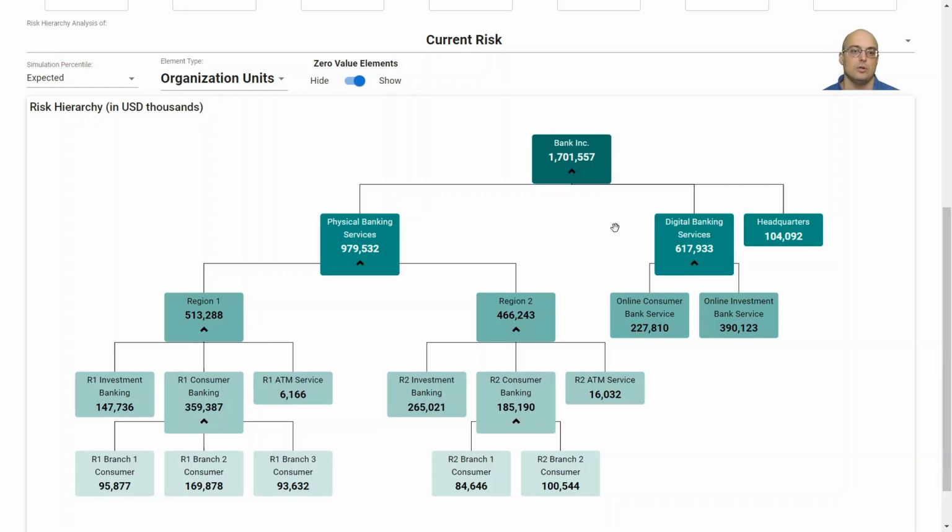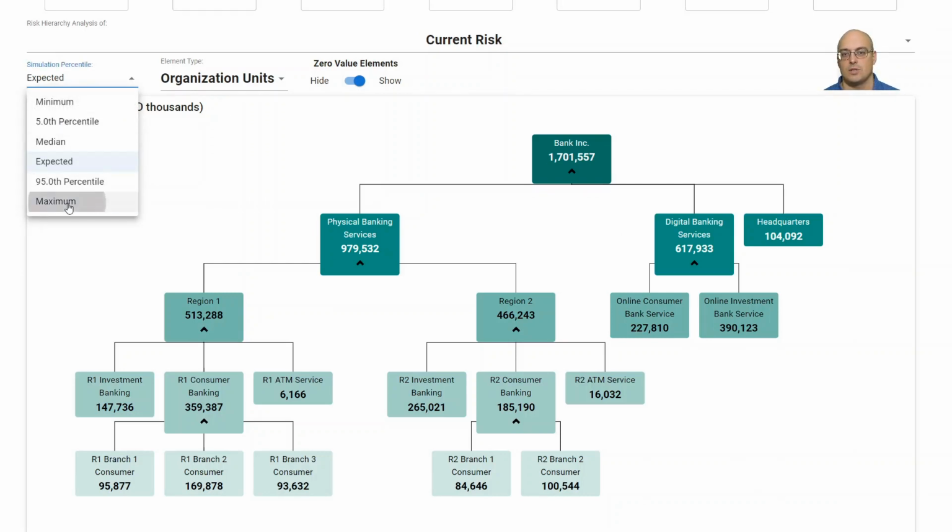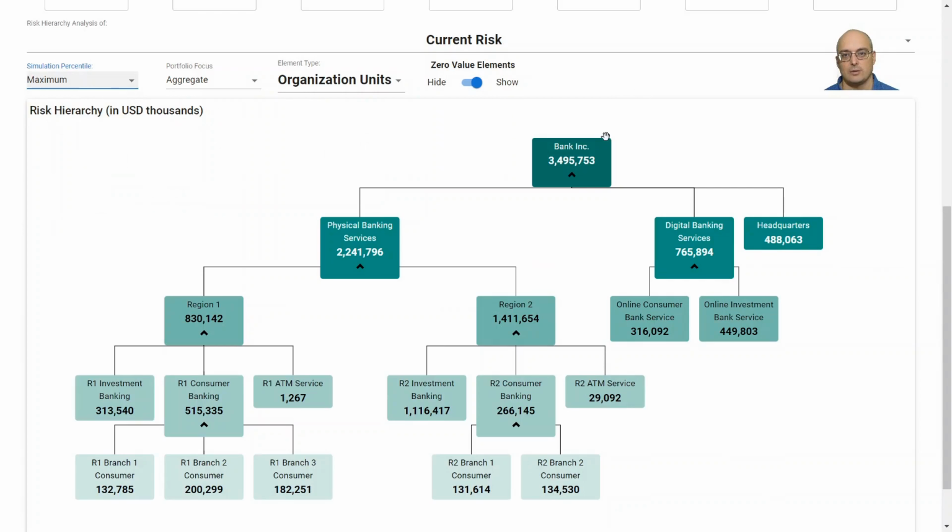However, you may end up in situations when you want to stress test your model or your organization. If you are a bank, you have capital adequacy requirements. You want to stress test what is the worst case that can happen for the business. And in that case, you may switch to, for example, the maximum value.